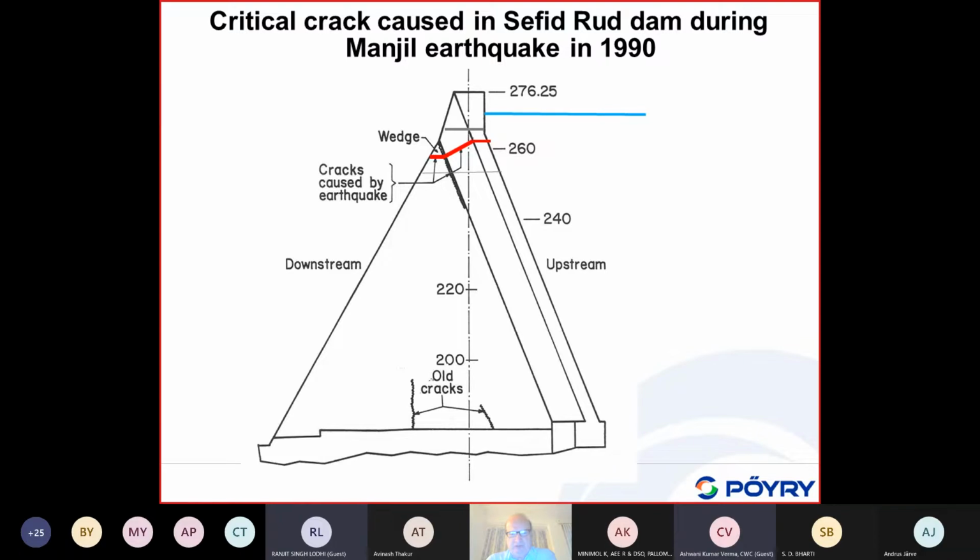So we look into the post-cracking safety of a dam, and we do not look into the process of formation of cracks, which is a very difficult task. I must say it is beyond what civil consultants can be doing. So from a safety point of view, it is better to be on the safe side, to assume that the cracks have already fully developed.